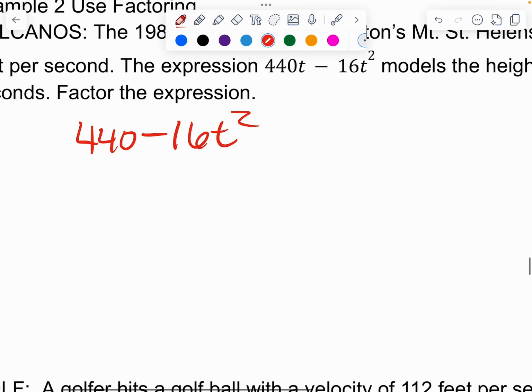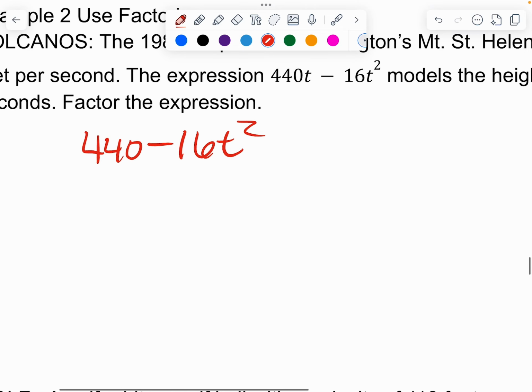Okay, so I don't know, does 16 go into 440? I don't know that off the top of my head, so I would use a calculator, if I can figure out where my calculator is. There we go. 440 divided by 16, it does not go in evenly. 440 divided by 8, oh, 8 goes into it.